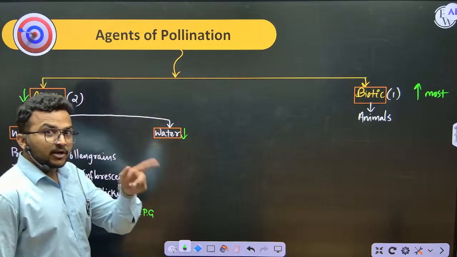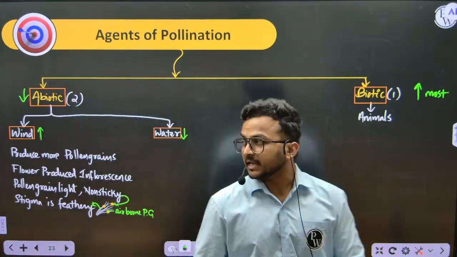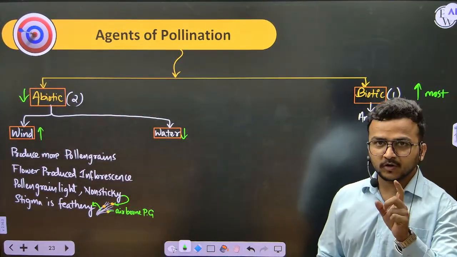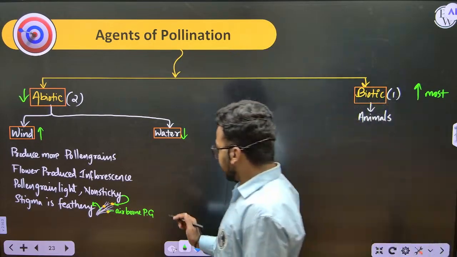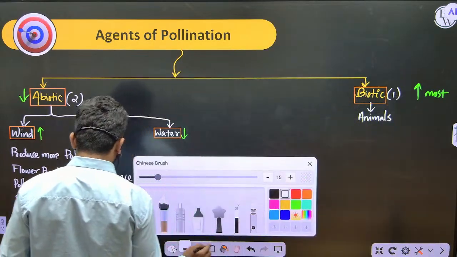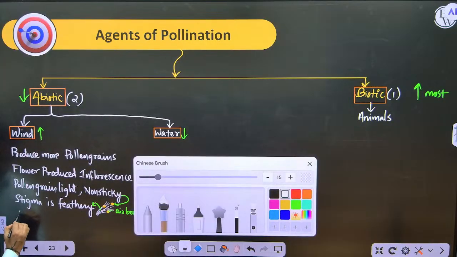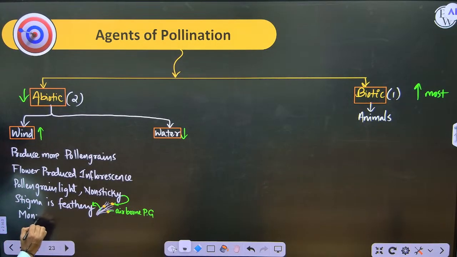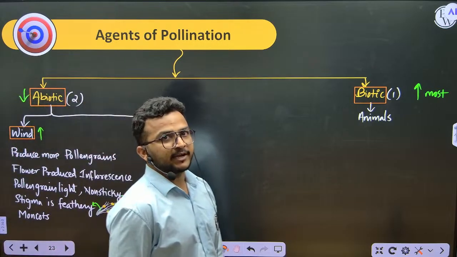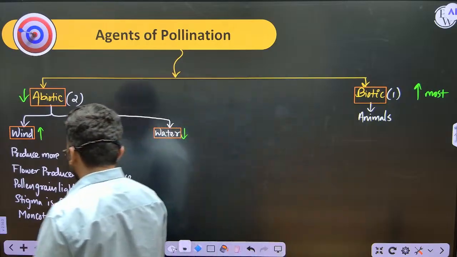And these wind pollinated flowers we see majorly in monocot plants. Monocotyledon plants we will see majorly. So wind pollinated flowers are observed in monocots. You can take grass as an example.